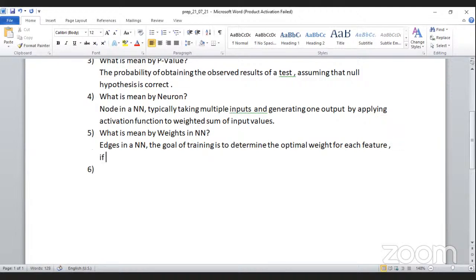If weight is equal to 0, then we can say the corresponding feature does not contribute.